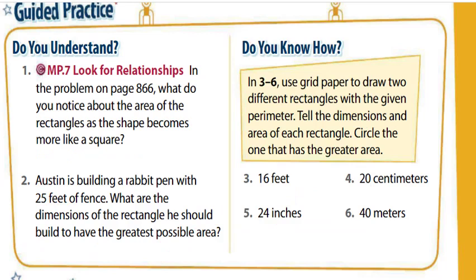Okay, so for questions 3 to 6, we have to use the grid paper to show two different rectangles with the given perimeter, and then we have to find the area just like we did on the previous page. We have to draw two rectangles with the same perimeter, calculate the area, and then circle which rectangle has the greater area.